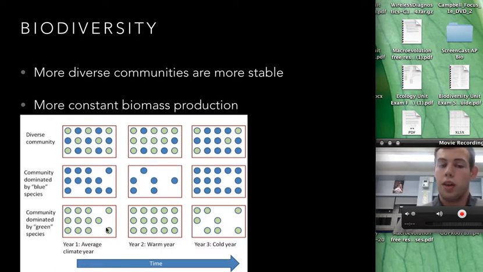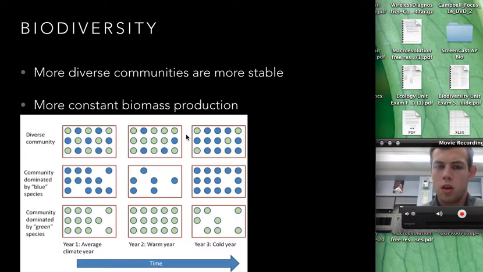However, the blue species is not well adapted to this, and they have a decrease in the amount of biomass. However, in our diverse community, the biomass doesn't change. It doesn't matter because as soon as these blue species start going away, there are green organisms to fill in those empty niches.